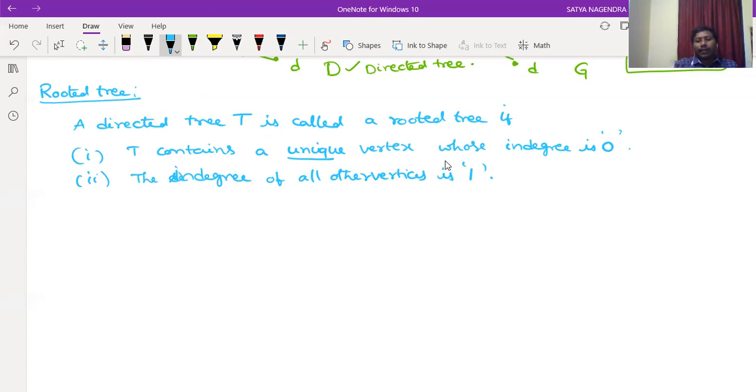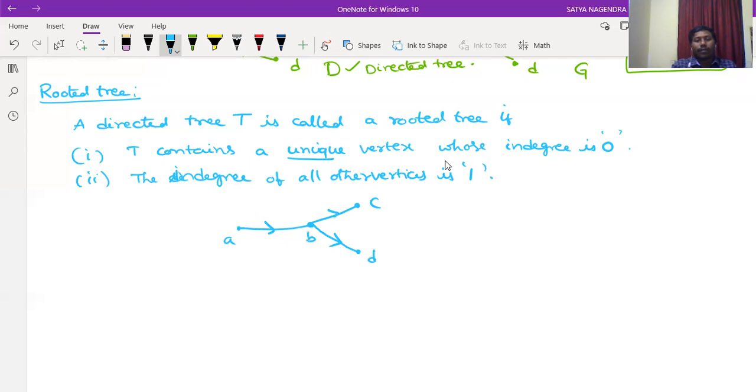If it is a directed graph, then for every vertex you will have in degree and out degree. See this here. I'm taking some directed graph with vertices A, B, C, D. Concentrate here to observe what the in degree and out degree of a vertex are.